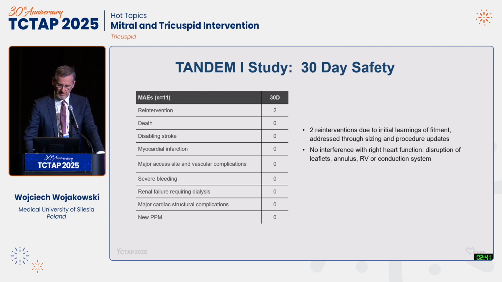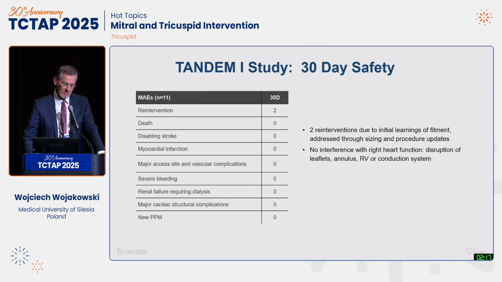So this is a relatively straightforward procedure. So the 30-day safety shows a low incidence of MACE. Early, in one of the first 3 cases, probably because of less oversizing of the stent.